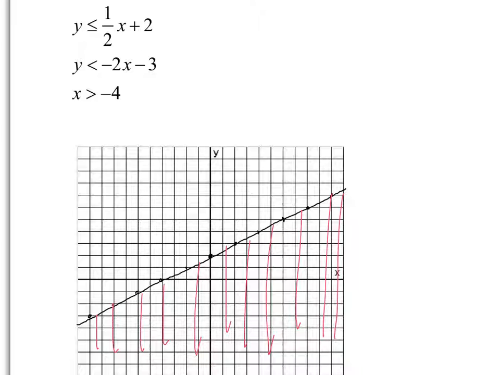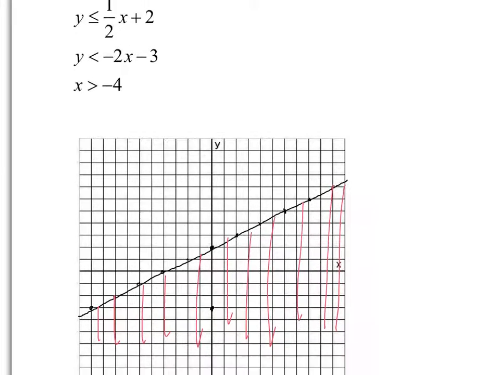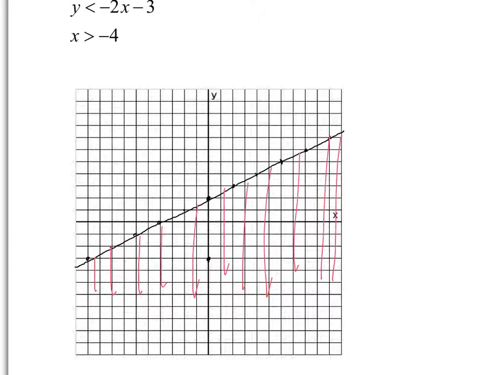Next, y is less than negative 2x minus 3. So I'm going to go down here to negative 3 and make a dot. And let's move this up. And then I'm going to go down 2 over 1, down 2 over 1, down 2 over 1, down 2 over 1. And then let's go this way.